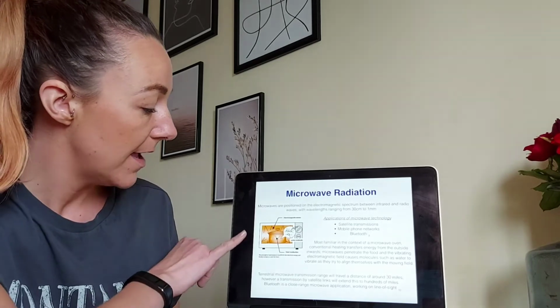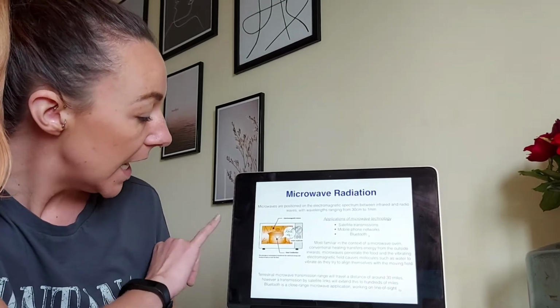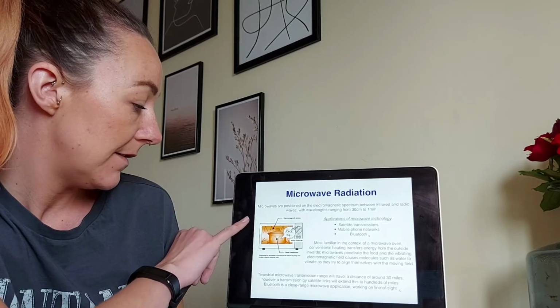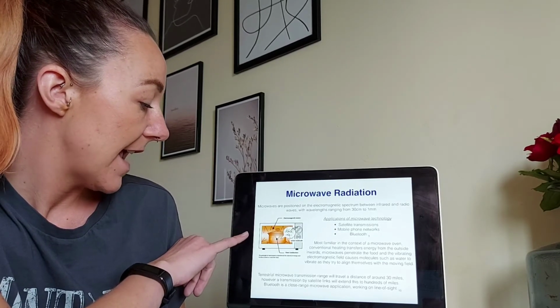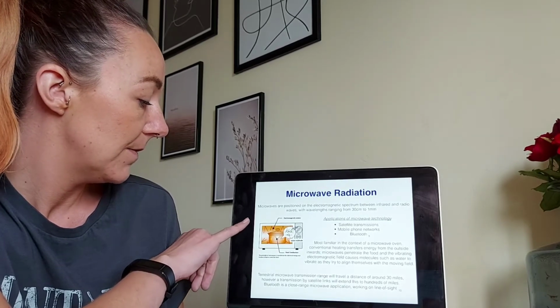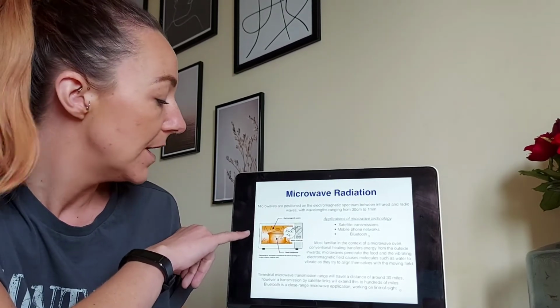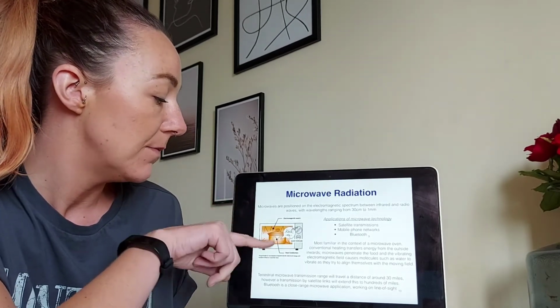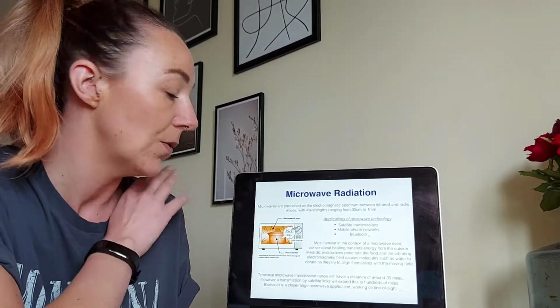So you can see in this diagram here, the microwave transfers electric energy, and the friction produces heat to cook the food. So you can see the electromagnetic waves are vibrating with the molecules inside, and that will heat or cook the food.